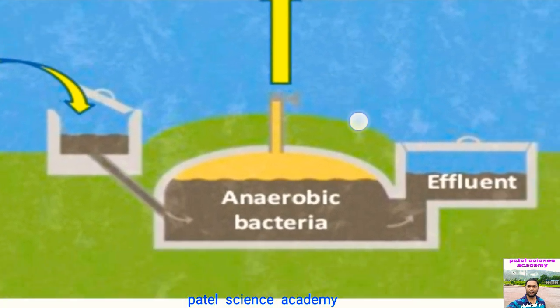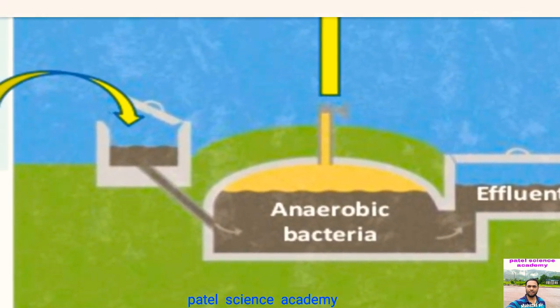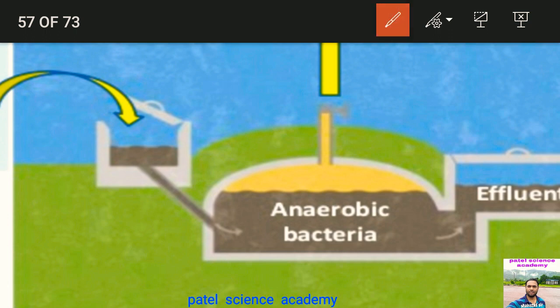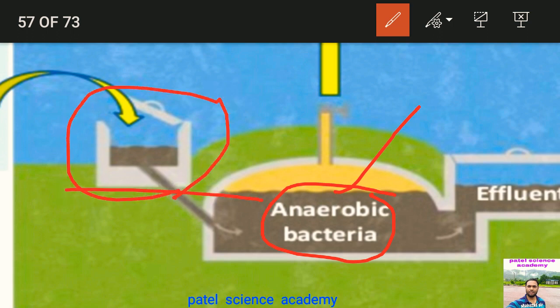So dear students, this is that biogas plant in which there is a big role of the anaerobic bacteria, and this is the influent and this is the effluent.